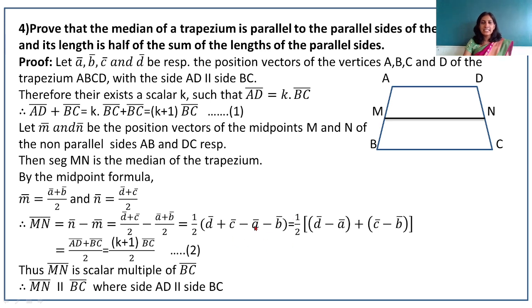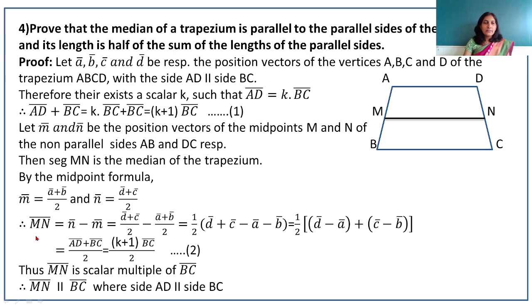Now we equate these terms: D bar and minus A bar, and C bar and minus B bar. Then D bar minus A bar means AD bar, and C bar minus B bar means BC bar. So AD bar plus BC bar divided by 2, and we calculated the value of AD bar plus BC bar, which is equal to K plus 1 BC bar. So K plus 1 BC bar divided by 2. This is equation number 2.